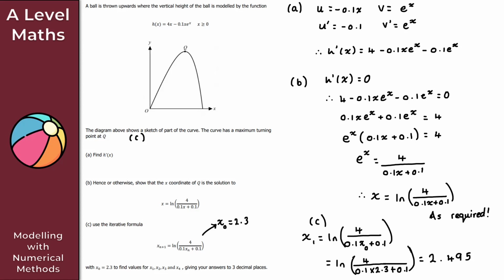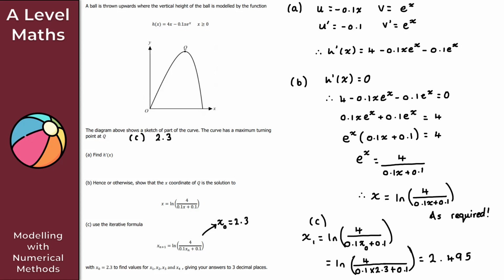The first thing I need to do is input 2.3 into my calculator. So I type 2.3 and then press enter or execute, whatever your input function is for your calculator. What this does is store this 2.3 into the memory of our calculator.